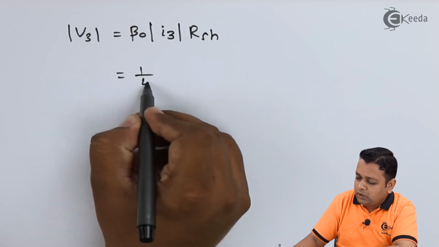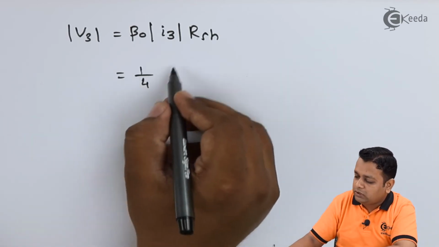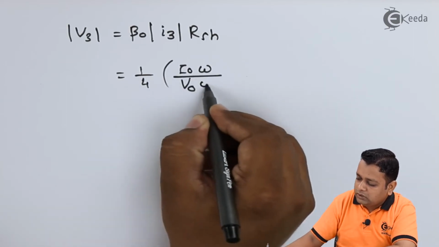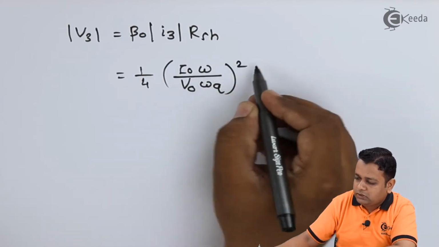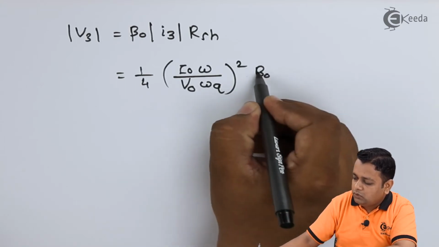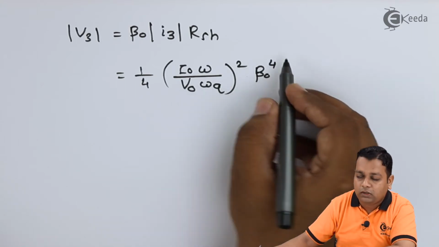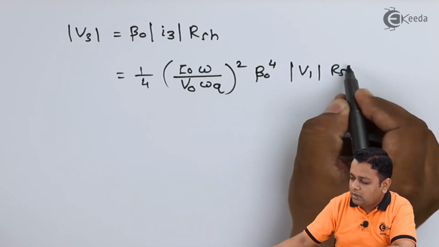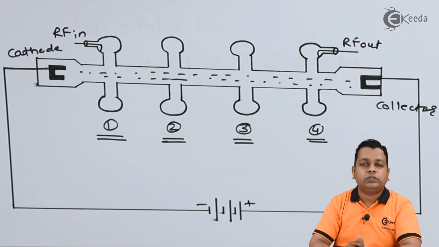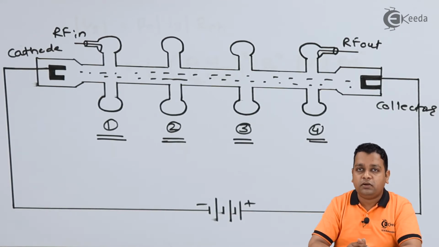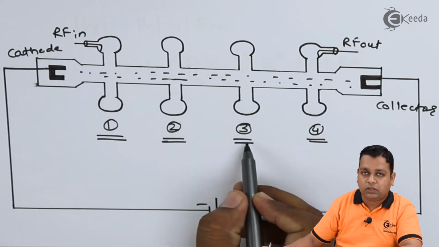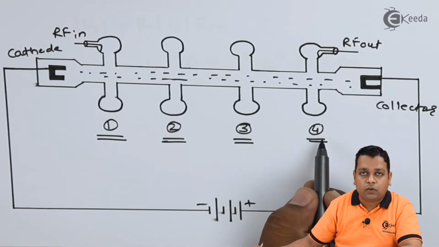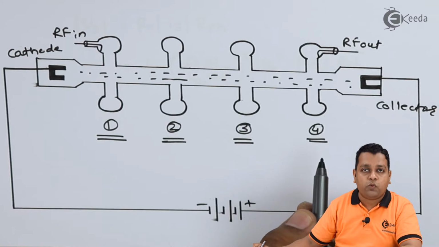So this will also be 1/4 in multiplication with (I0 ω / V0 ωq) squared, β0 to the power 4, in multiplication with mod V1 into RSH squared here. So as this was for the second intermediate cavity, that means cavity number 3, the same we can extend up to cavity number 4, which will be our output cavity here.